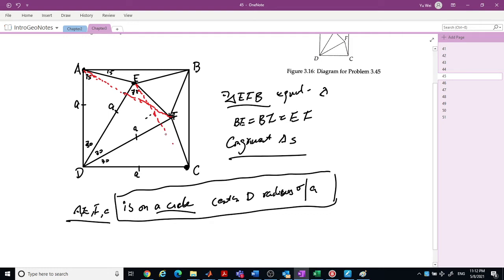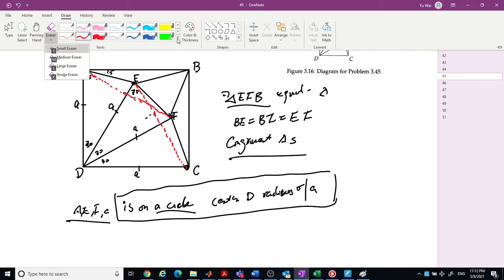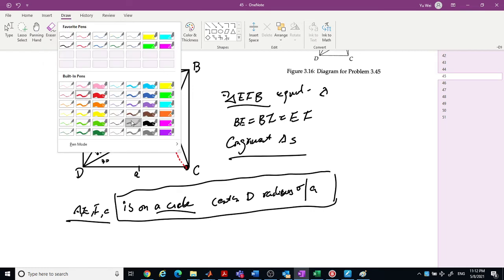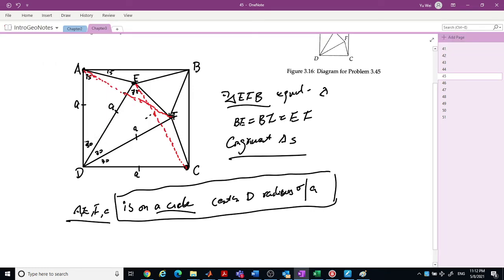Why can I think of adding these two lines? Because you give me the 30 and 30, I know it's 60. I know this one is 60, right? 60 and 60, the vertex angle is 60, but it's also isosceles, because AD is equal to DF. So that's why this is an equilateral triangle.